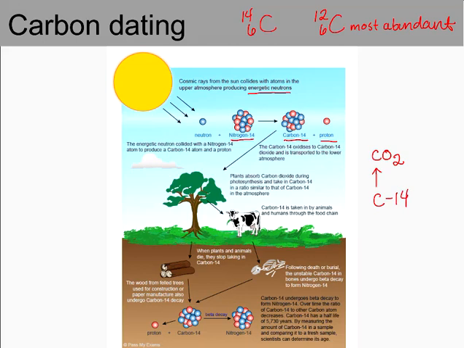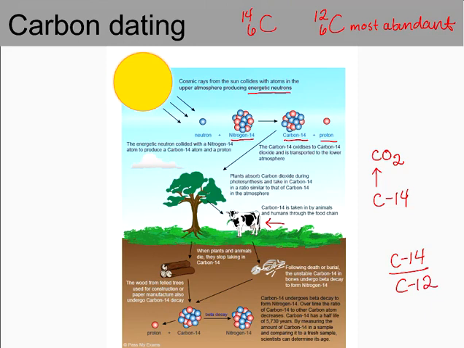Now, what ends up happening is, let's say this poor cow here who ingested some plants, let's say he dies, unfortunately. And what we can do is look at, okay, what is the carbon-14 to carbon-12 ratio when that cow dies? So remember, if the cow isn't ingesting plants anymore because it died, its carbon-14 amount will just decrease over time.